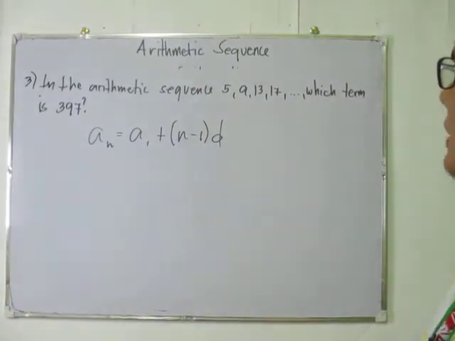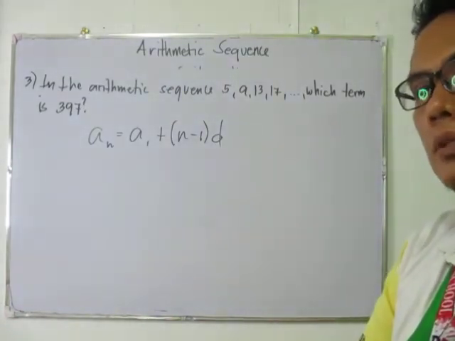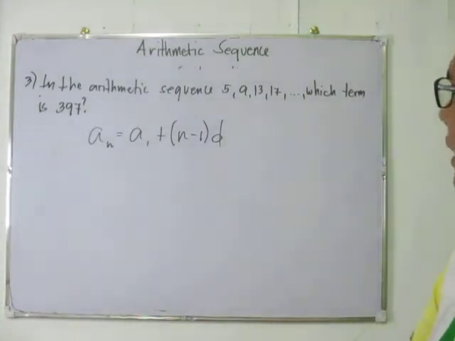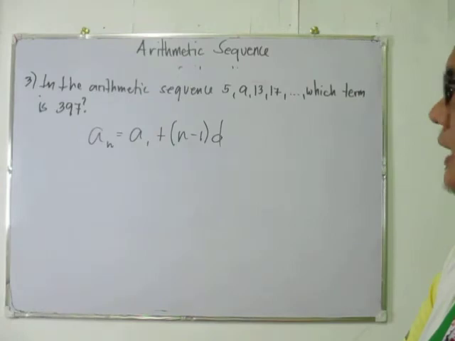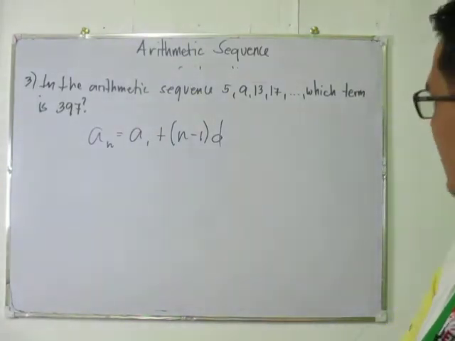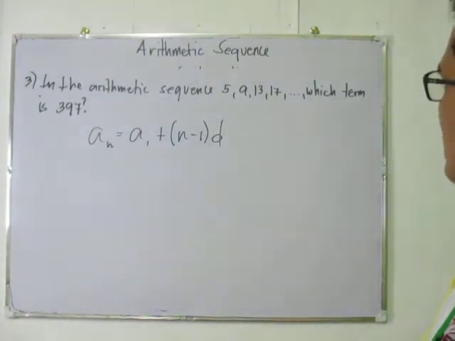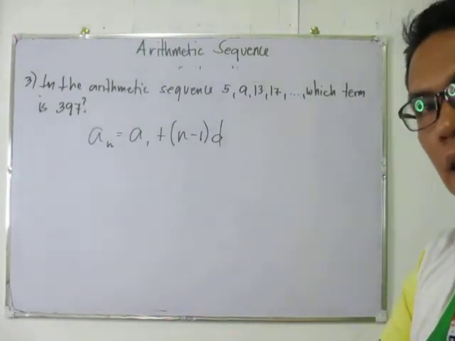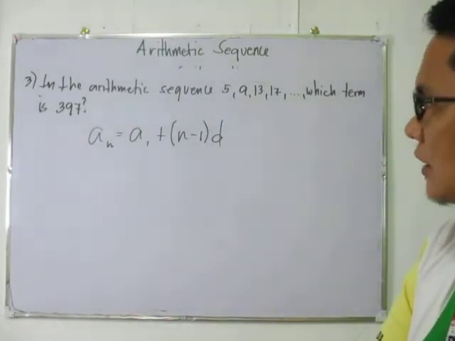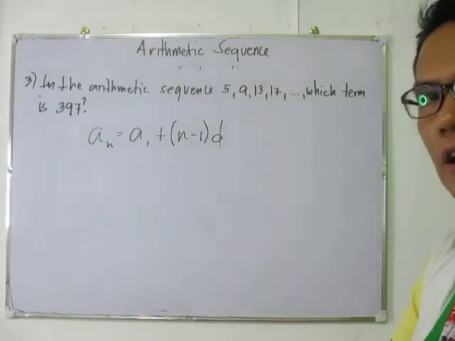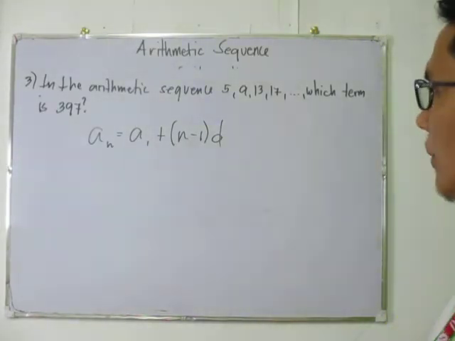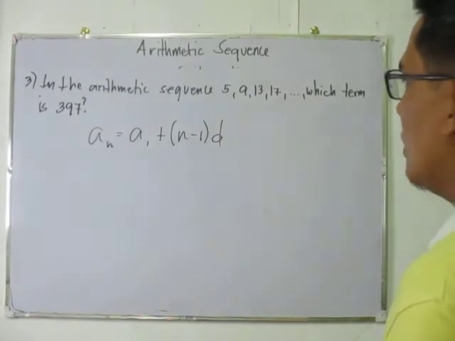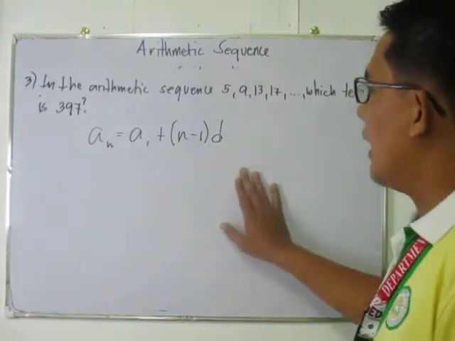Let us analyze the problem. We have a sequence given in which 5 is the first term, 9 the second term, 13 the third term, and 17 the fourth term. And somewhere else in that sequence is the term 397. But the question is, what is the position of 397 in the sequence? Again, we're going to use the formula.